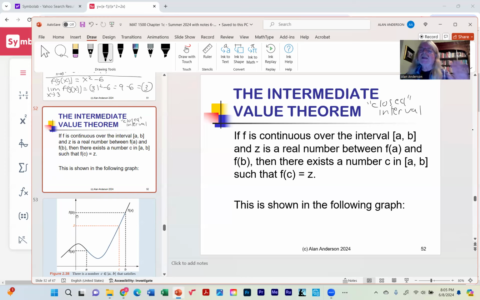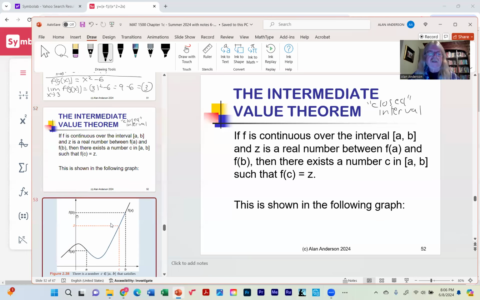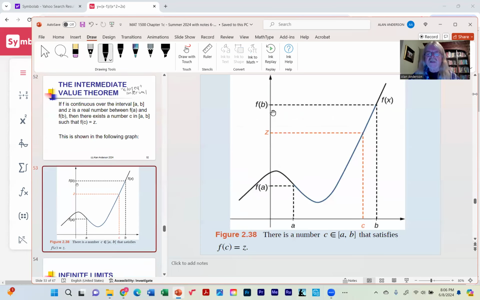All right, so let's look at the graph. You're not going to be able to get the grasp of this without looking at the graph, I think. So what they're basically saying is, look at this graph. We have the two endpoints A and B. We're guaranteed that the function is continuous in this interval.